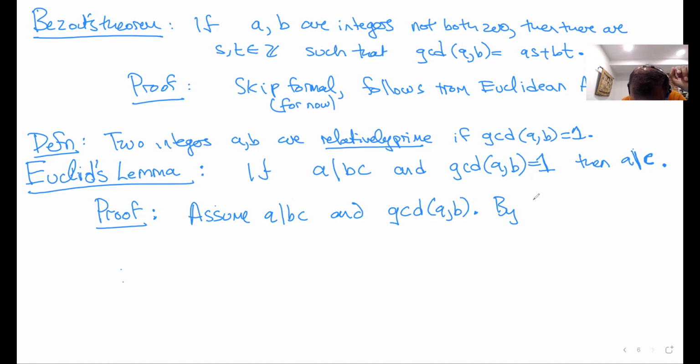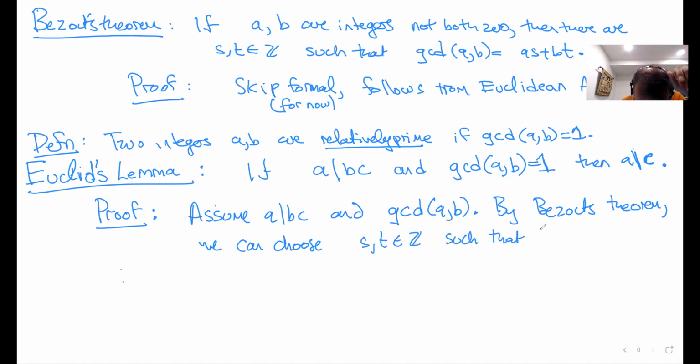So by Bezout's theorem, we can choose some integers s and t such that as plus bt is equal to 1, right? Sorry, the handwriting is not very good, so let me fix it.